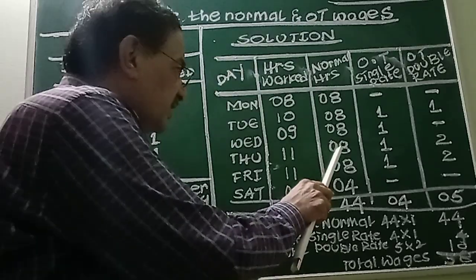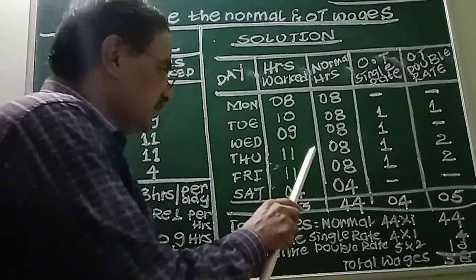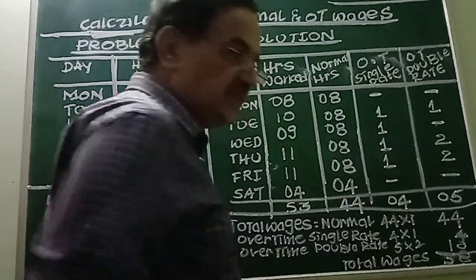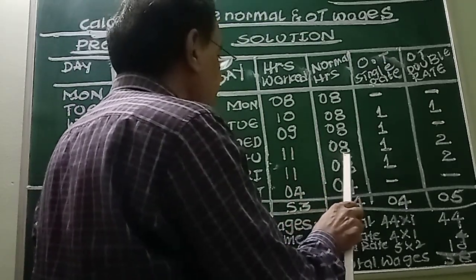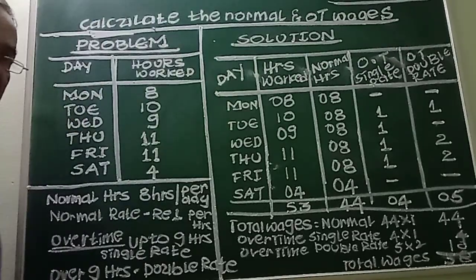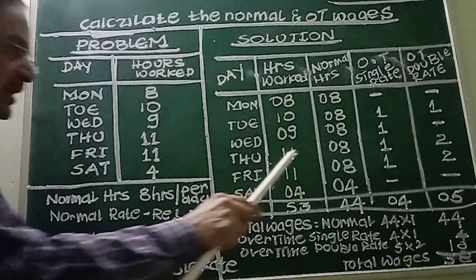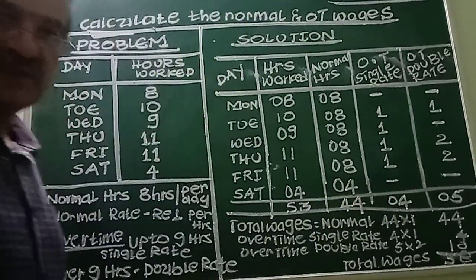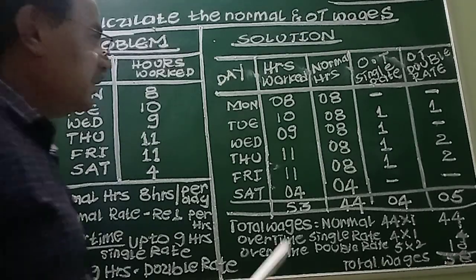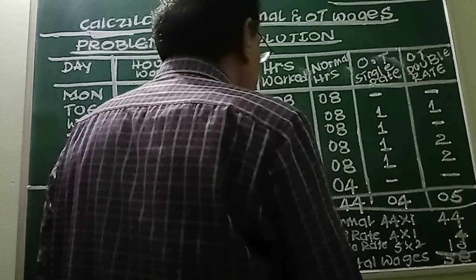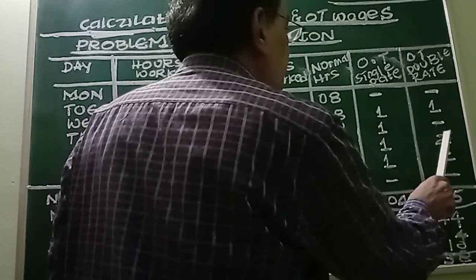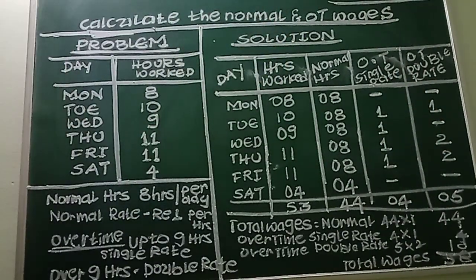The normal hours are 8, and he has exceeded 3 hours compared to this. So actually it is 8, he has worked for 11. Up to 9 he will be given the single rate. And this particular thing he has exceeded, 11 minus 9 is equal to 2 hours extra. He will be paid at the double rate.